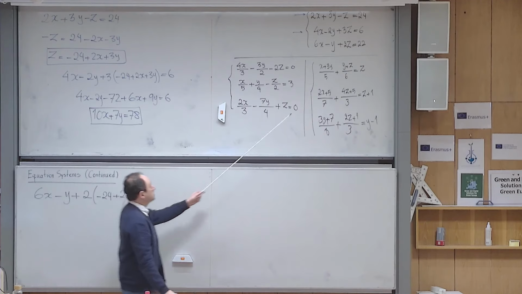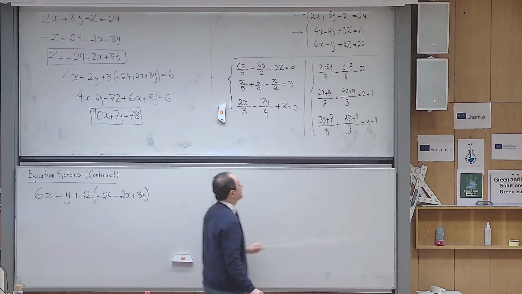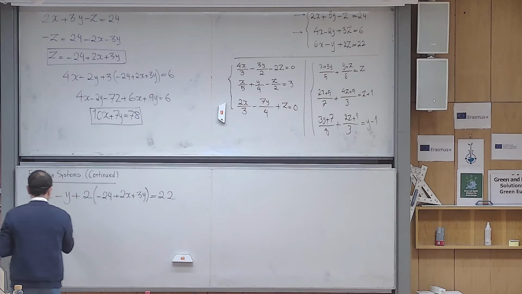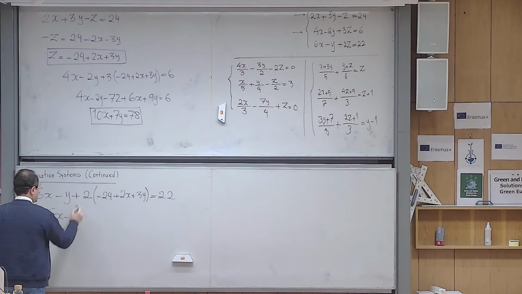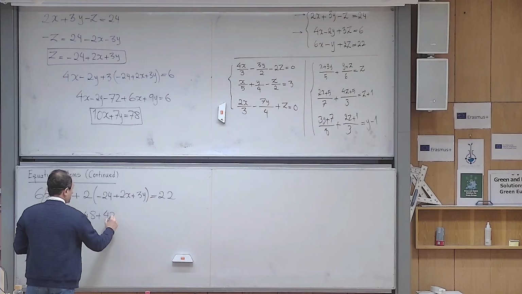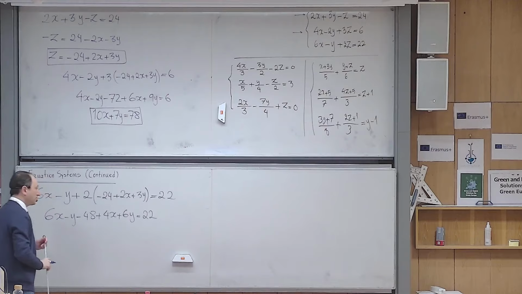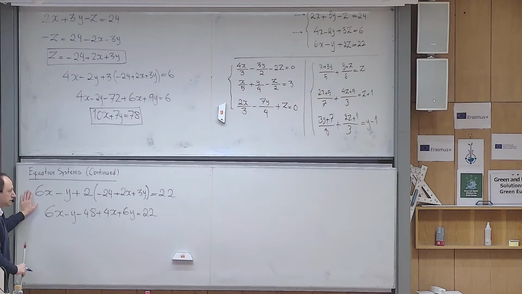And on the right hand side of it, I have 22. Again, the simplification is necessary. So this becomes, I multiply 2 in, minus 48 plus 4x plus 6y is equal to 22. So you see it is lengthy, but it is repeating itself over and over.